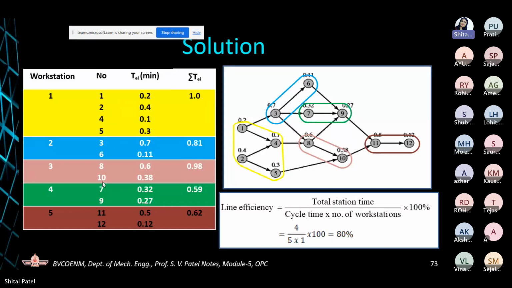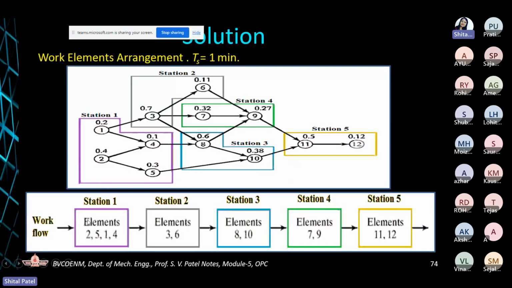Yes, ma'am. Okay, fine. So your last slide, the last one will stay for 1 minute, sorry, 1 more. This figure below is the workflow. Workstation number 1, elements are 2, 5, 1, 4. Then after processing of raw material on workstation number 1, it proceeds to workstation number 2 where activities 3 and 6 are performed on the raw material. Then it will again be passed on to workstation number 3 where activity number 8 and 10 or element number 8 and 10 is going to be performed.